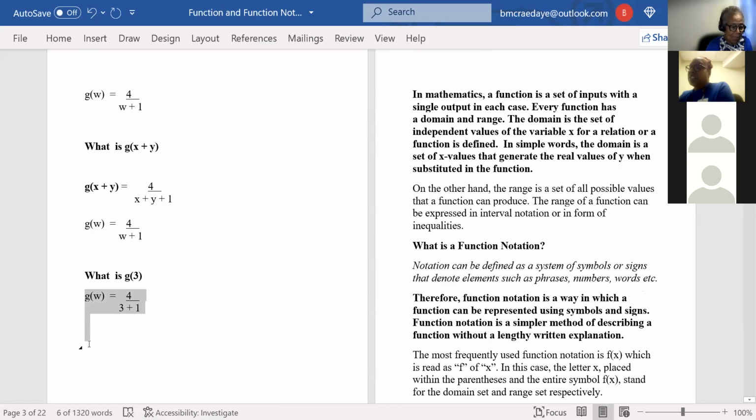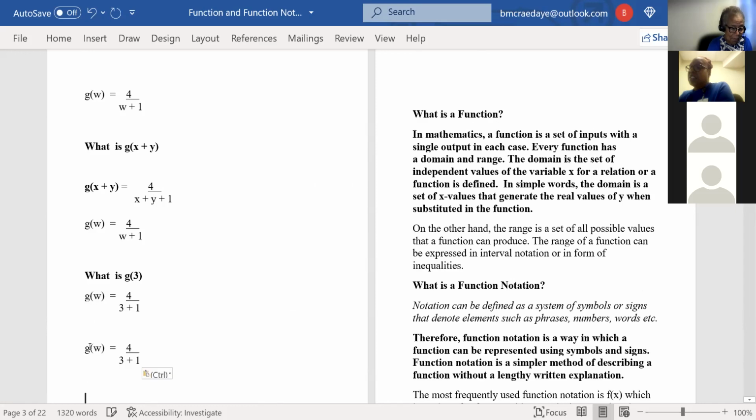Making sense now, Latoya? Yeah, a little bit. Okay, so 4 over 4. This is a 4. And 4 over 4 is equal to 1. That's the answer. Where's the plus 1 at the bottom? What do you mean the plus 1?